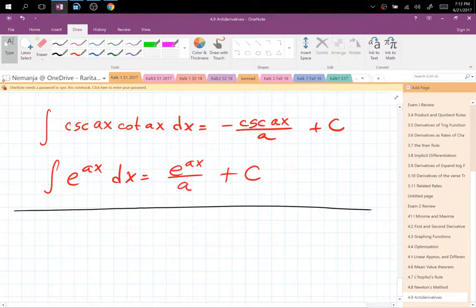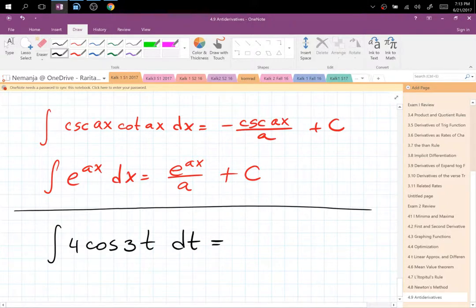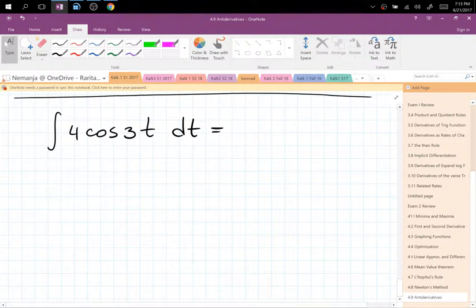So first, let's take a vanilla example here. What do we have in this case?